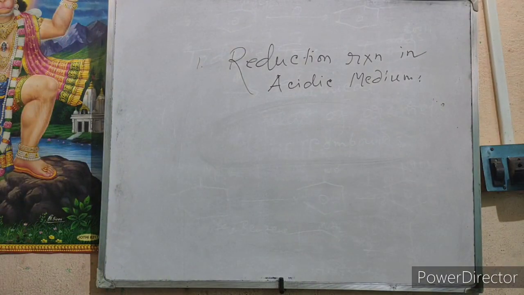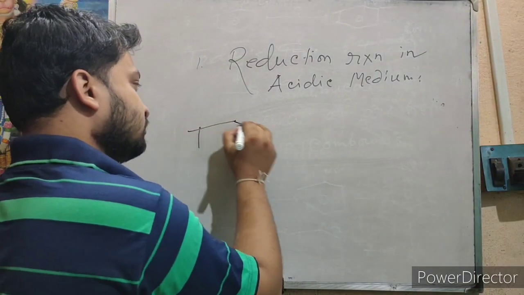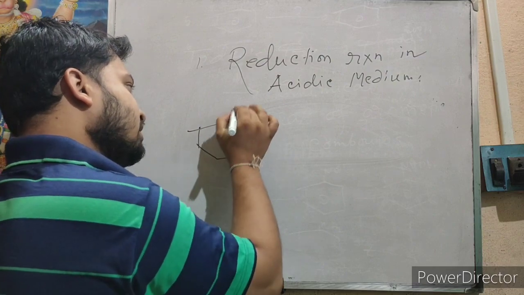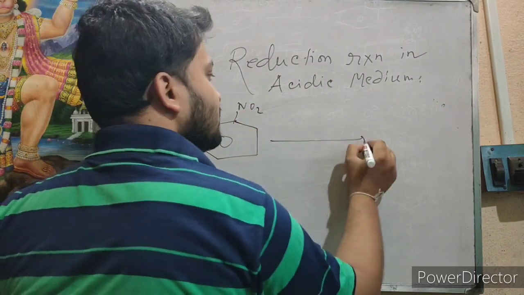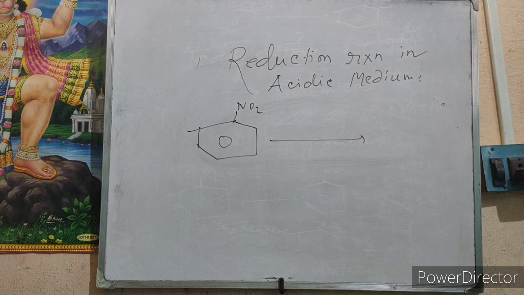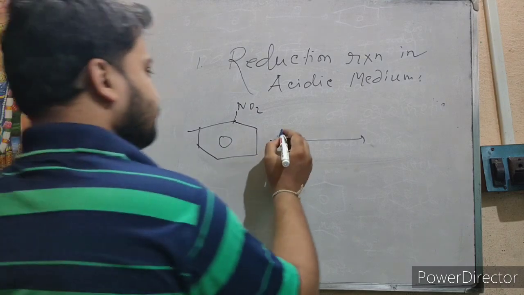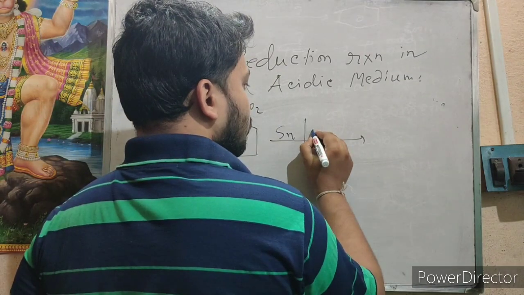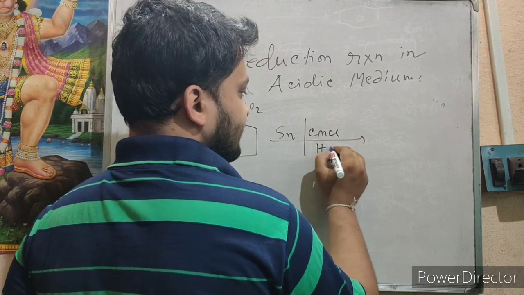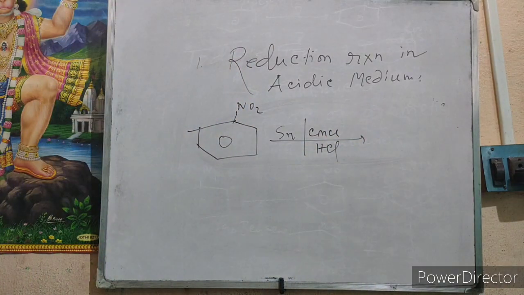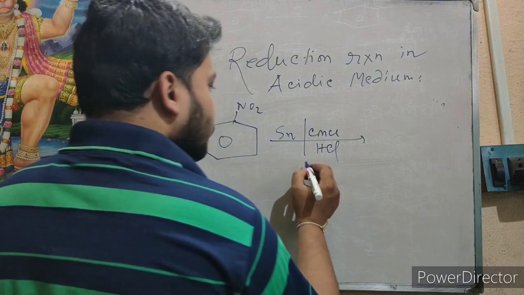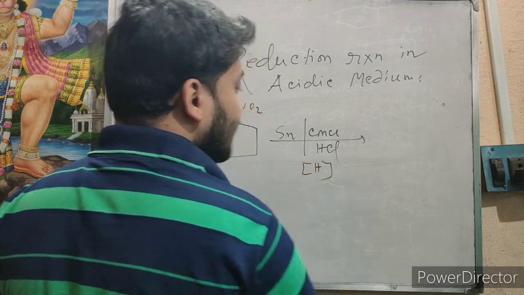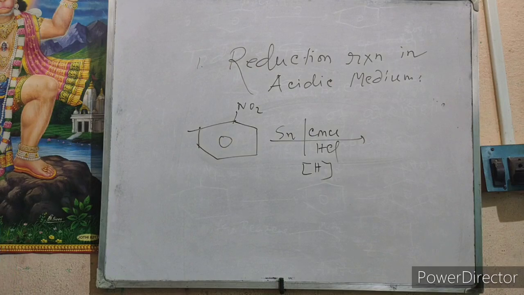Okay, then you take nitrobenzene, and you use Sn and concentrated HCl, with the presence of nascent hydrogen. What will be the product?